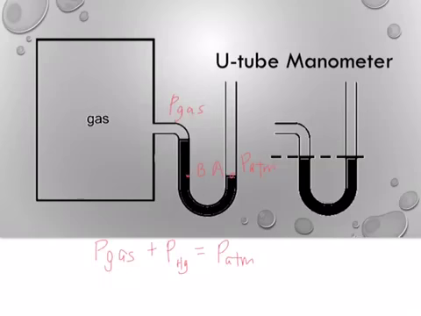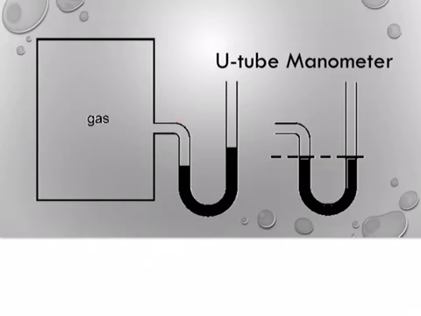In this new diagram, we can see that the manometer is connected to another gas supply with a higher gas pressure than the atmospheric pressure. Hence, the gas pressure exerts a force on the liquid surface to push the liquid level downwards on the left, and the liquid flows upwards in the right arm of the manometer to equalize the gas pressure.